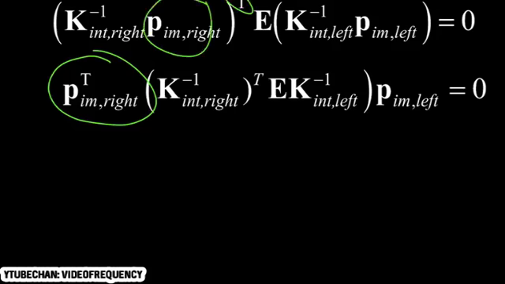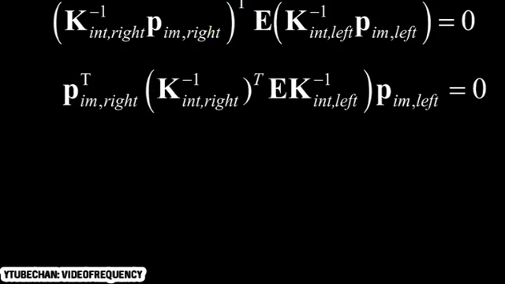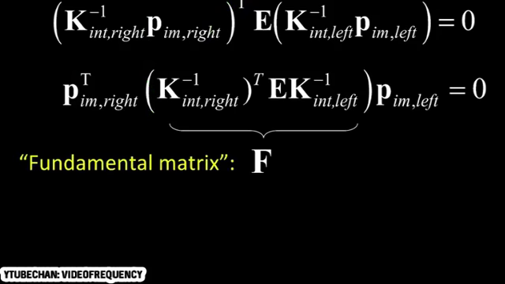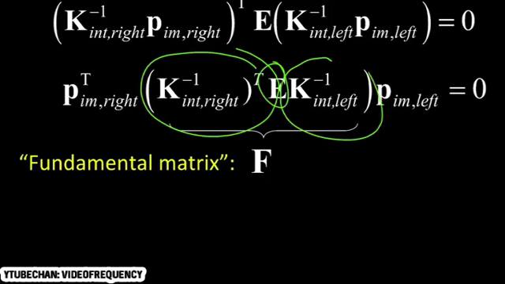And then I can combine this whole thing, the K inverse, the intrinsics from the right, transpose, times E times K inverse of the intrinsics on the left. Remember, I don't know what they are, but I just know they exist. And I'm going to call that whole thing F.